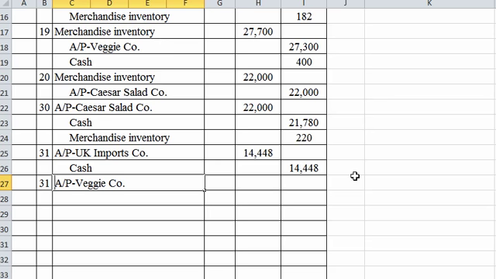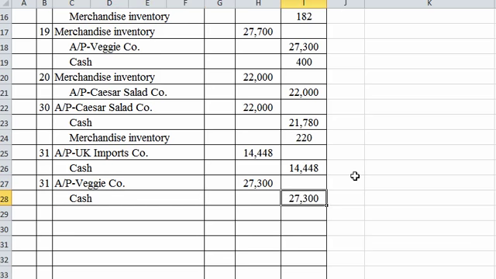Okay, the credit to Veggie Company was 27.3. All right, we've paid them. It's no longer a liability. The liabilities decrease on the debit side, 27.3. And we'll credit cash for that same amount.